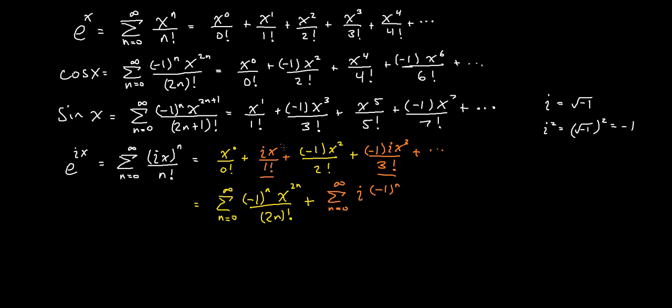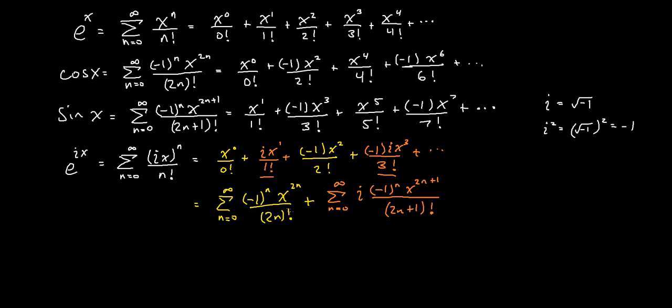Now the exponent on the x starts at 1, then it's 3, then it's 5. So it'll start at 1 and then go up by 2 each time. So 2n plus 1, because when n equals 0, this is going to be 1. When n equals 1, it's going to be 3. And same for the factorial. 1, 3, 5. So 2n plus 1 factorial.